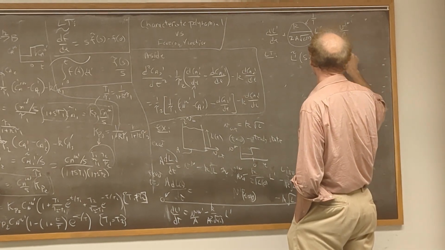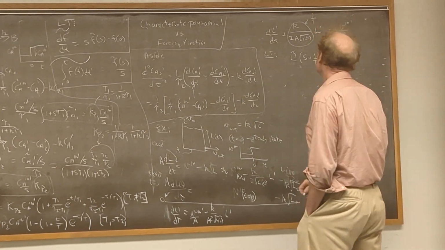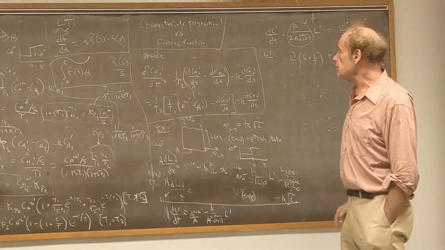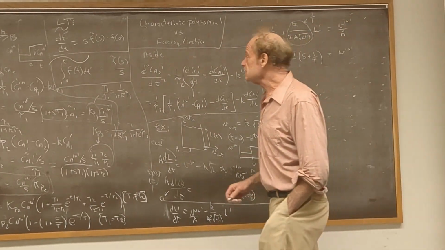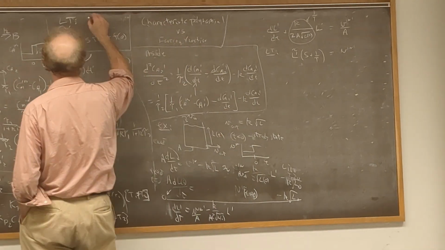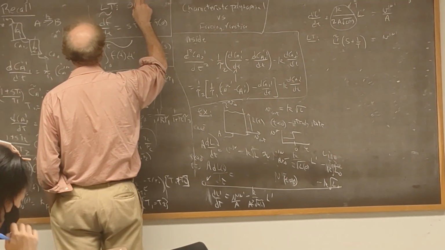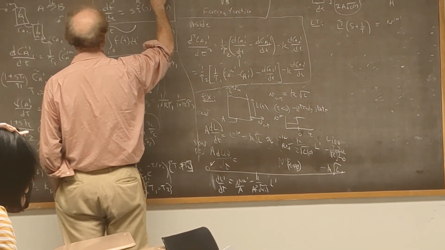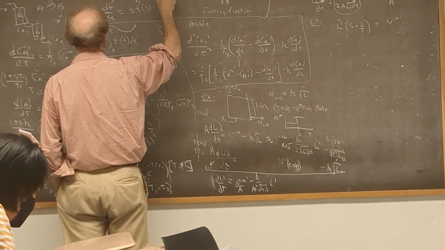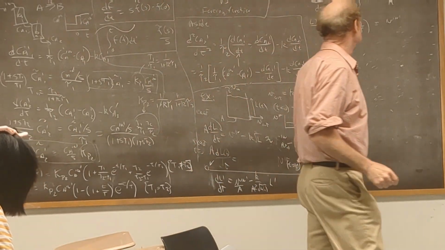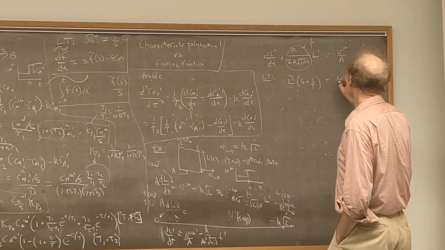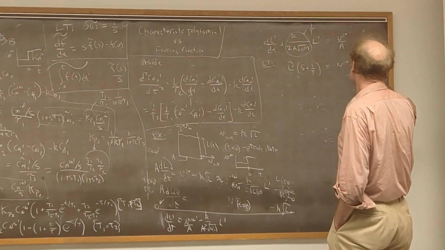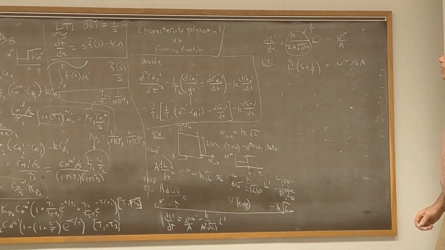And that's equal to V in prime tilde, since V in prime is a step function, and the Laplace transform of the step function is just 1 over s. So it's V in prime times 1 over s divided by A. So that comes along for the ride.